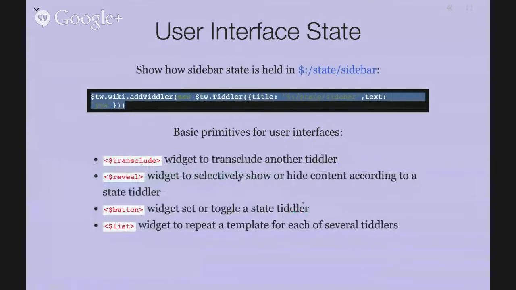And then talked a little about how all the kind of user interfacey stuff, the tabs and drop downs and so on, are basically built out of those 4 widgets. There's a good deal more widgets than that in TiddlyWiki 5, but those are the key ones to understand from the point of view of building user interfaces.